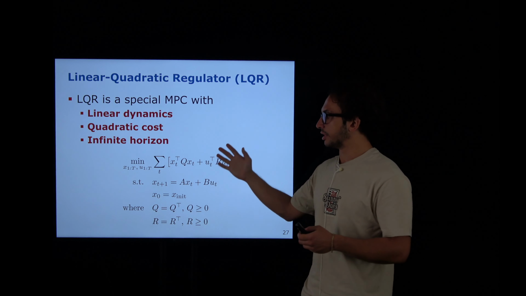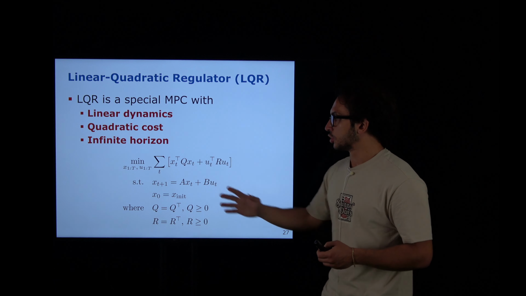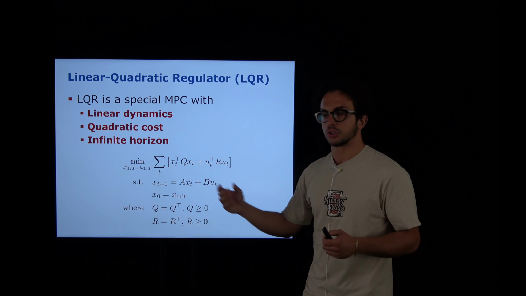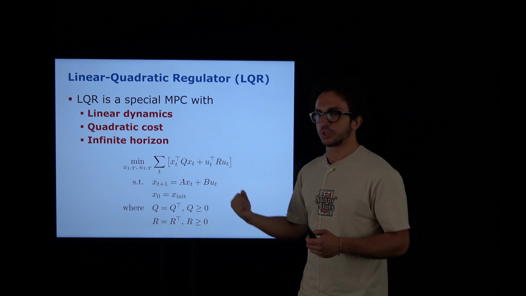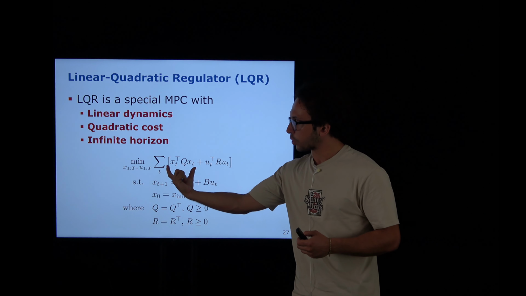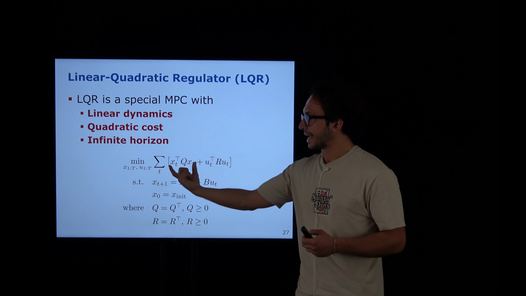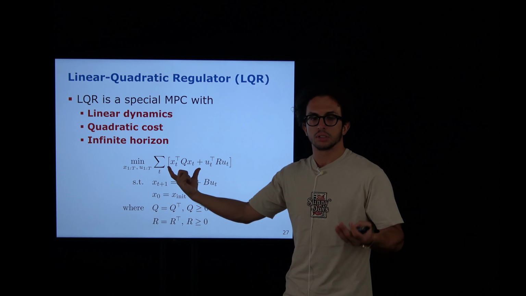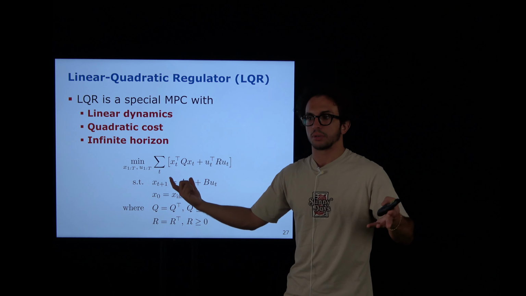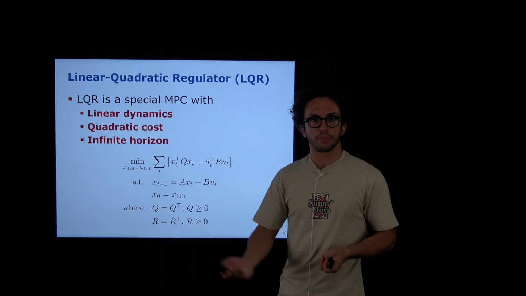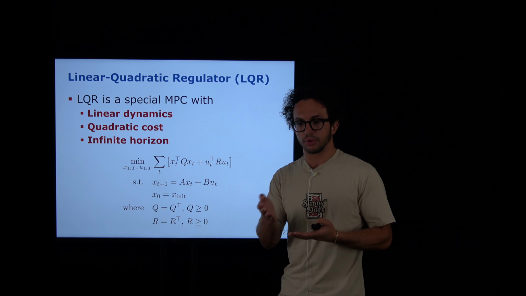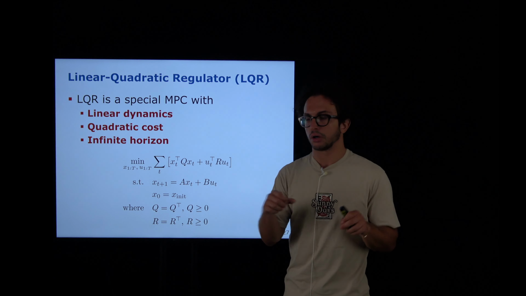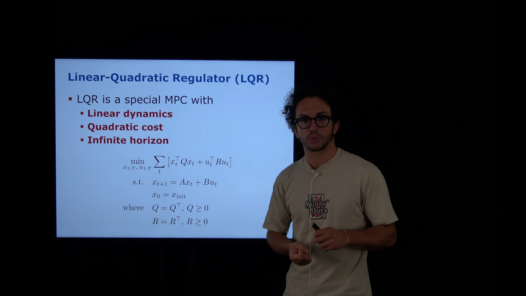So imagine we have an optimization problem like this. We have quadratic cost functions. These are two terms, and they are both quadratic forms, one in x. So we want the state to be small. The state can be anything, for example, if you think about the bicycle, the state was, for example, the angle phi, so the tilting angle. So we want the tilting angle to be as small as possible.